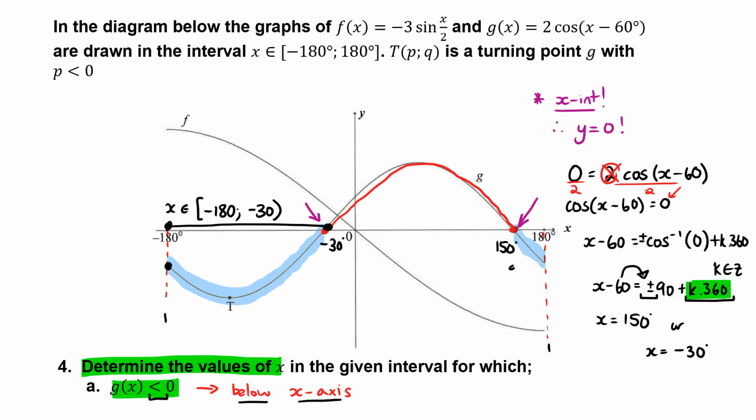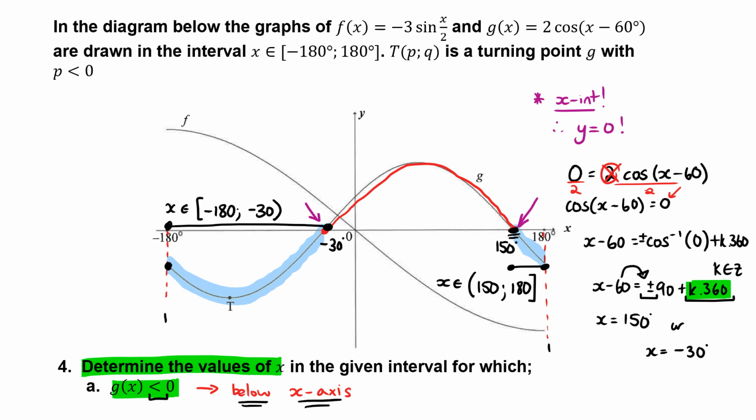Likewise for the second bit, from there to there, we know that it would be x is an element of, that 150 is on the axis, so it would be a round bracket, positive 150 up to positive 180. The 180 is below, and so we would have a square bracket like so.